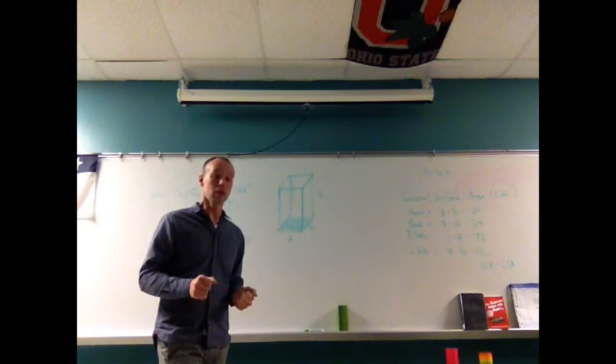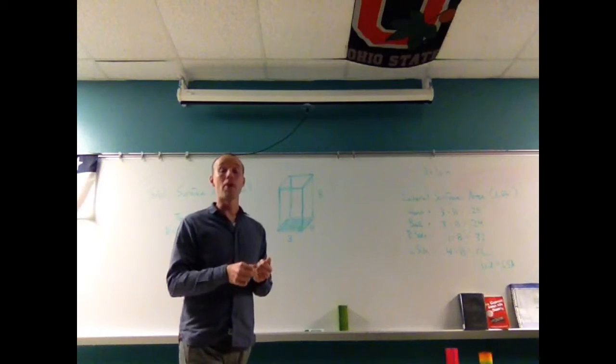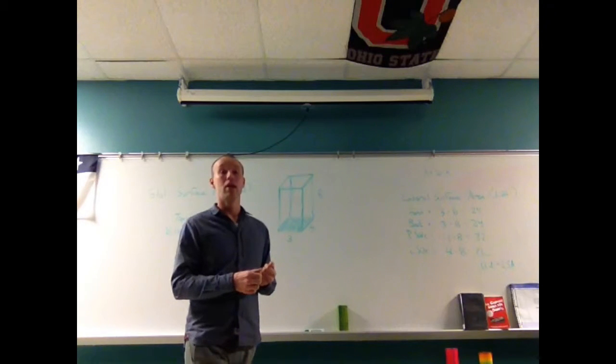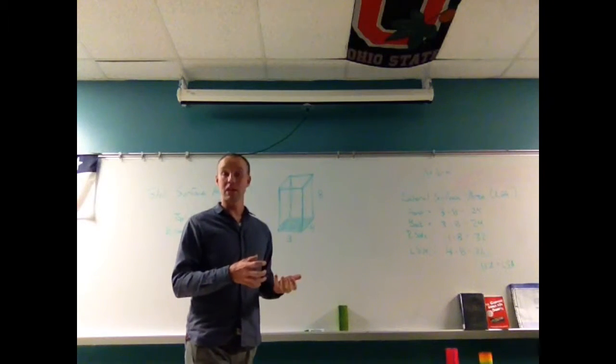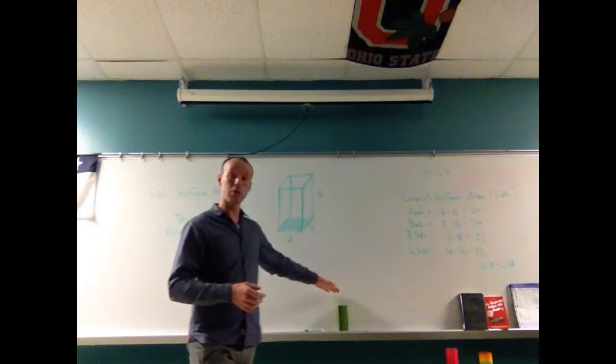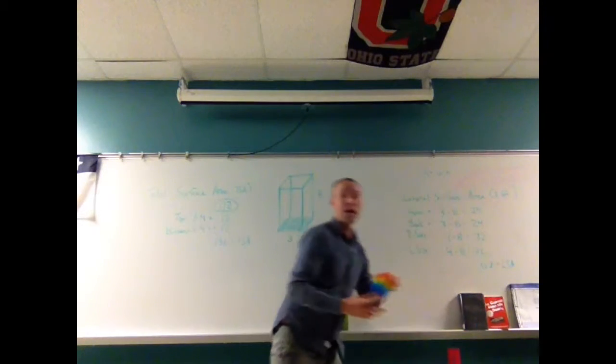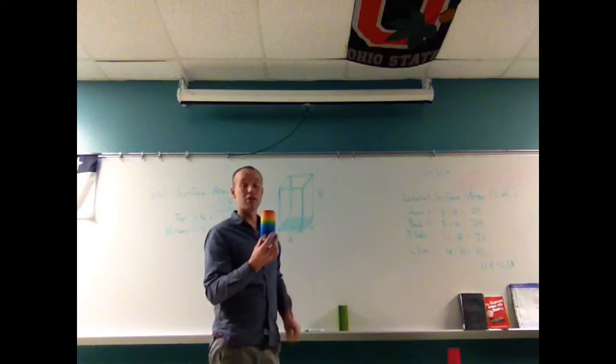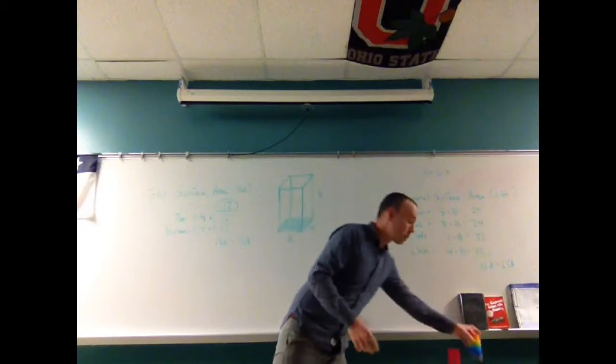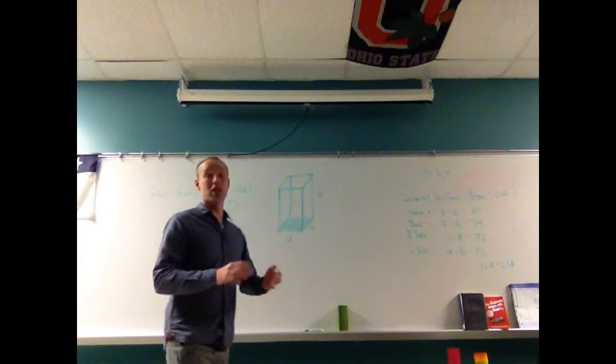Now, one last thing is this. The points that you earn on this activity today, when we do the assessment, we're going to cover rectangular prisms, triangular prisms, and cylinders, okay? And when we do the assessment, you're going to cover all 3 of them.